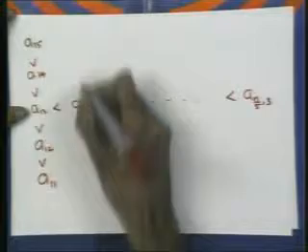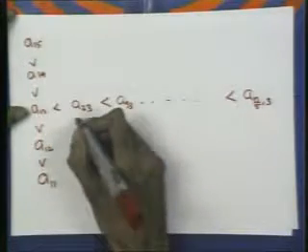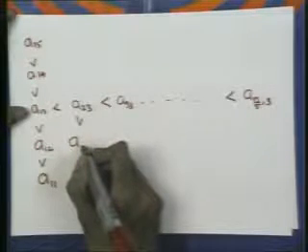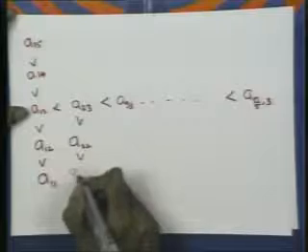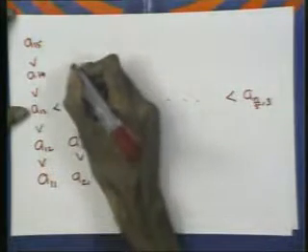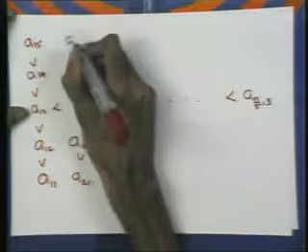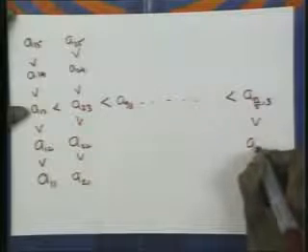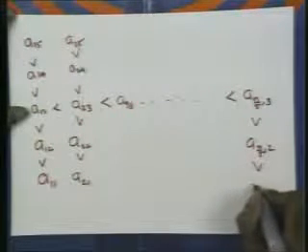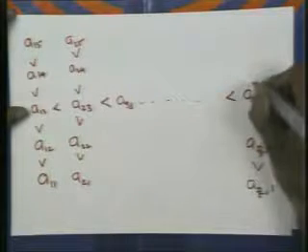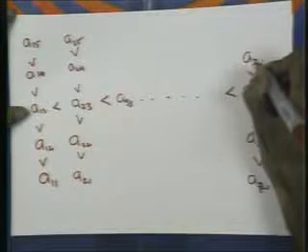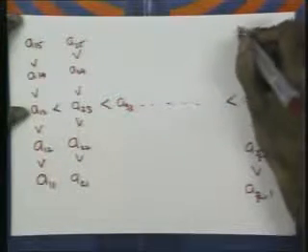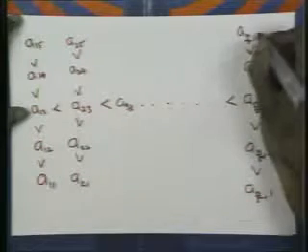This is also part of a group, which I have written in this order: A22, A21, A24, A25, and similarly here, A n by 5, 2, A n by 5, 1, A n by 5, 4, and A n by 5, 5.